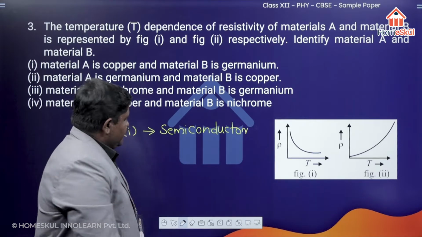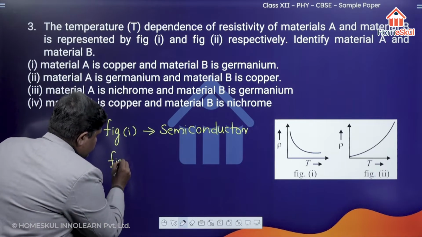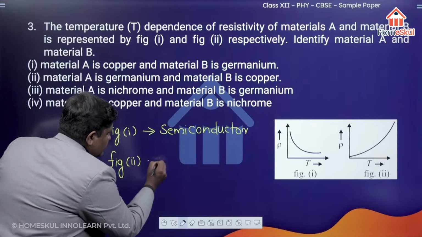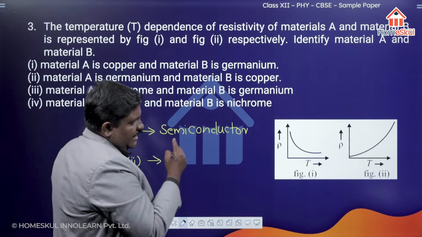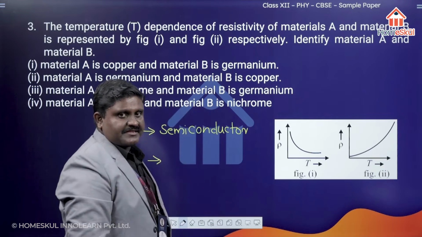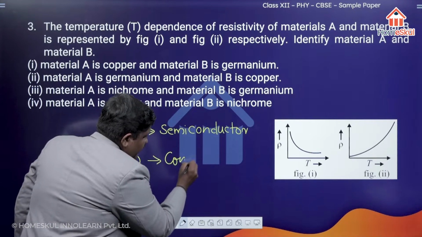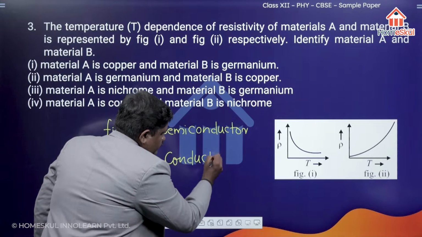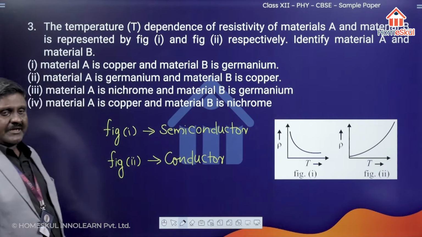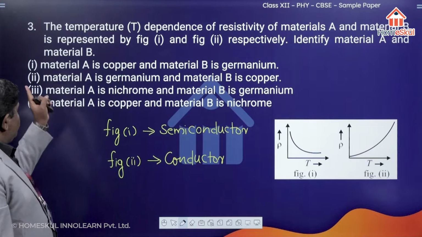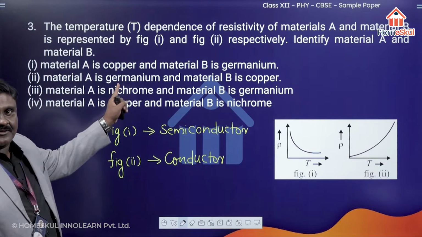Then figure 2: there is an increase in temperature, and according to that, the resistivity also increases. So that is a conductor. Let's look at the options. Material A is copper.